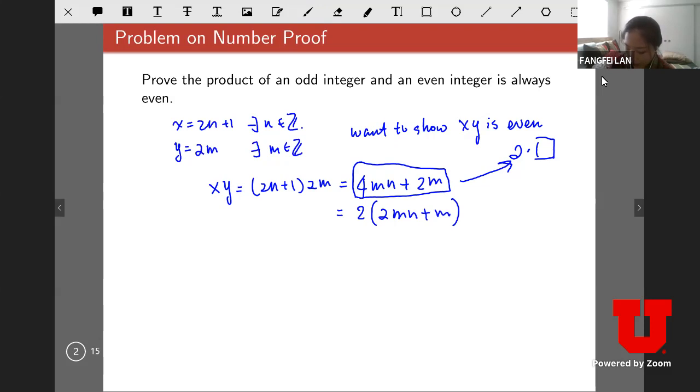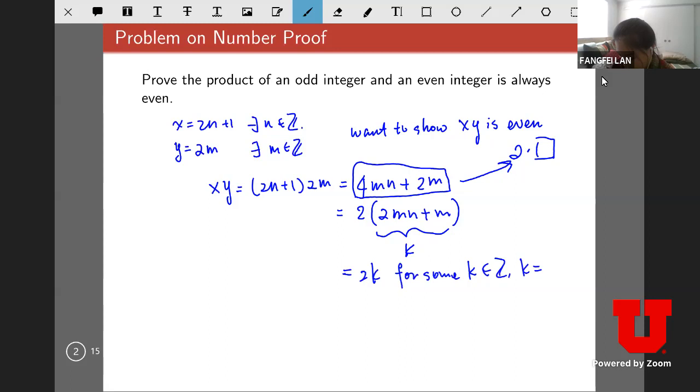And since m and n are both integers, we know by closure this can be written as something like k. So then this is equal to 2k for some k in Z, where k is equal to 2mn plus m. So that means xy is even by definition, because 2k is even.